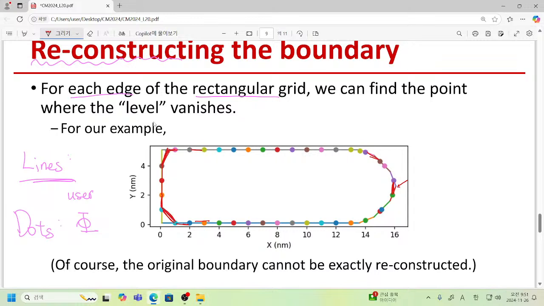So simply speaking, the level set method cannot exactly reproduce the original shape. Of course, there are certain differences. Why do we have such small differences? Because we have introduced a finite resolution for our rectangular grid. Here I have used 1 nanometer by 1 nanometer, but instead, let's say that I have introduced 0.1 nanometer by 0.1 nanometer.